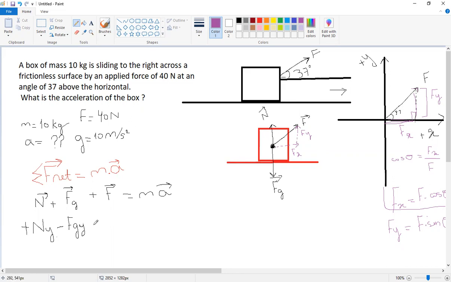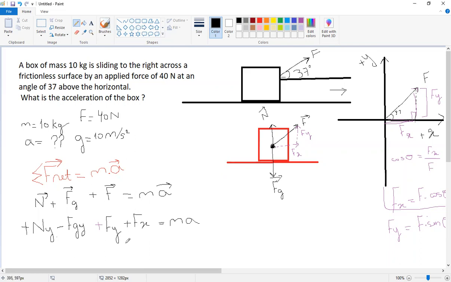So we will write it as plus, because it's pointing along the positive y-axis, plus Fy. And the Fx is along the positive x-axis, so plus Fx also, okay?